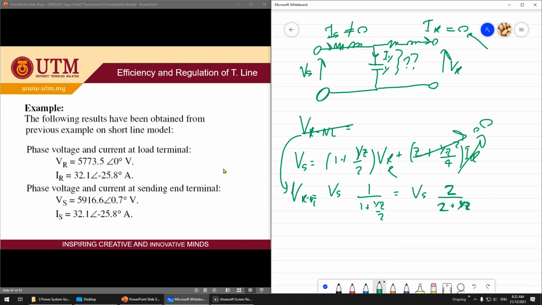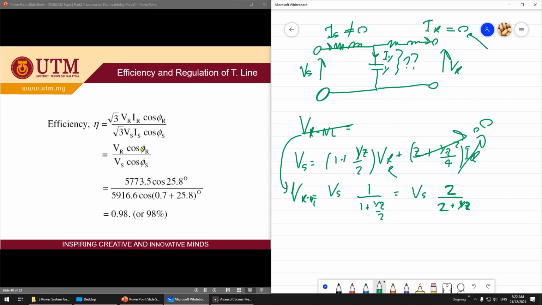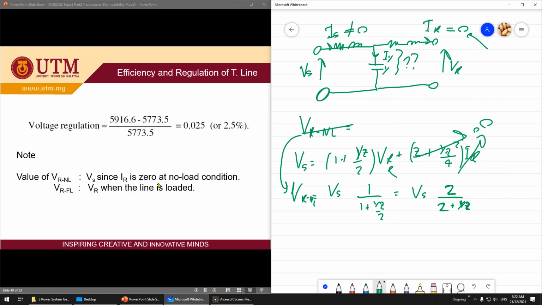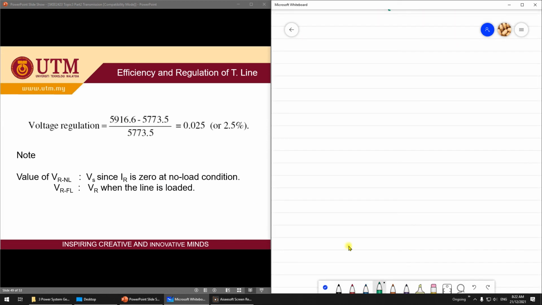The first one is easy, you can see here. The first one, you just take the Vs because this is a short line. Be careful in the voltage regulation for short line and medium line.